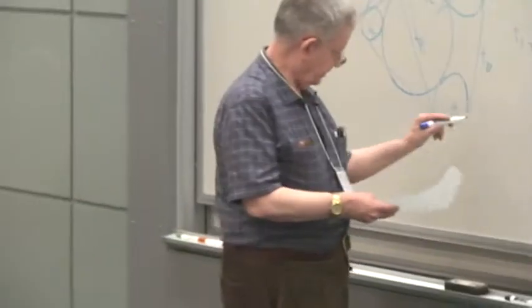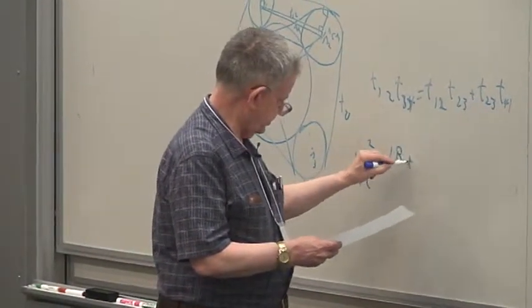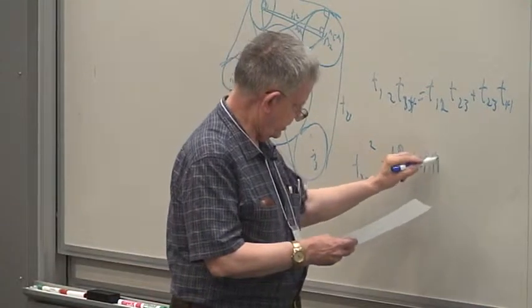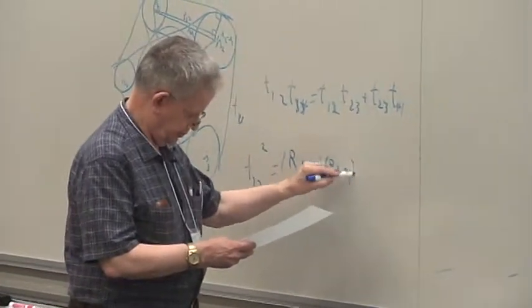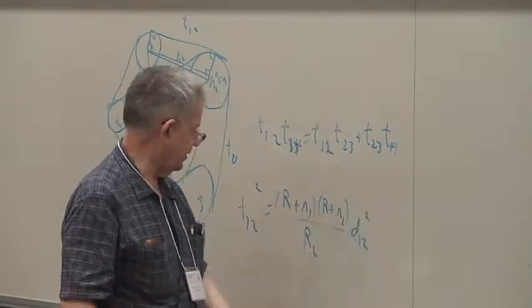And the formula turns out to be T12 squared is capital R plus R1, capital R plus R2 over R squared times D12 squared.